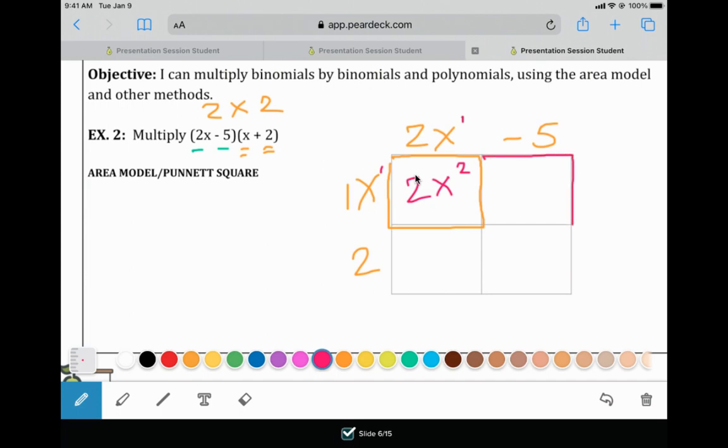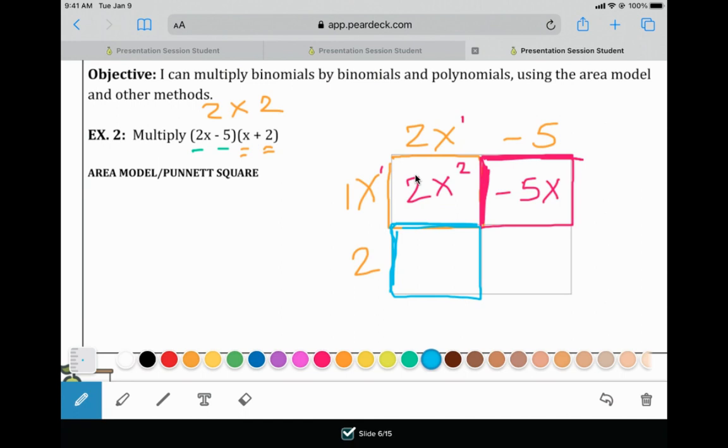So I can do the next box, which is this one right here. That means this side is negative 5. The one that I highlight is negative 5. And this side is 1x. So I multiply them together. So negative 5 times 1 is negative 5x. Moving on, I can do the next box, which is this one right here.